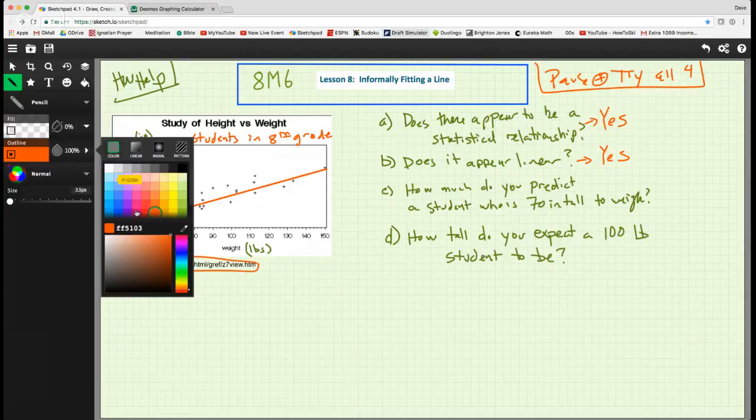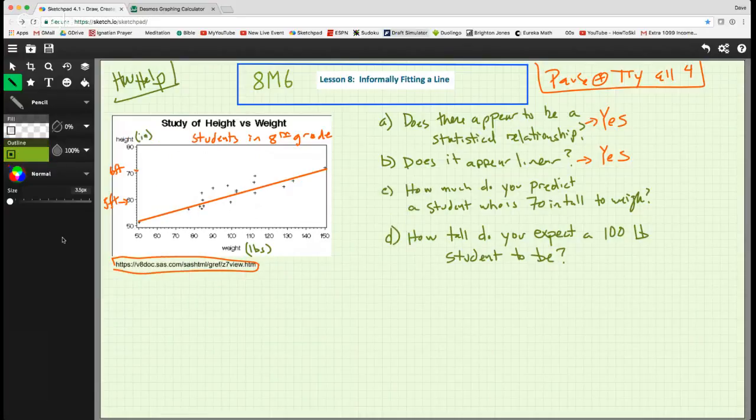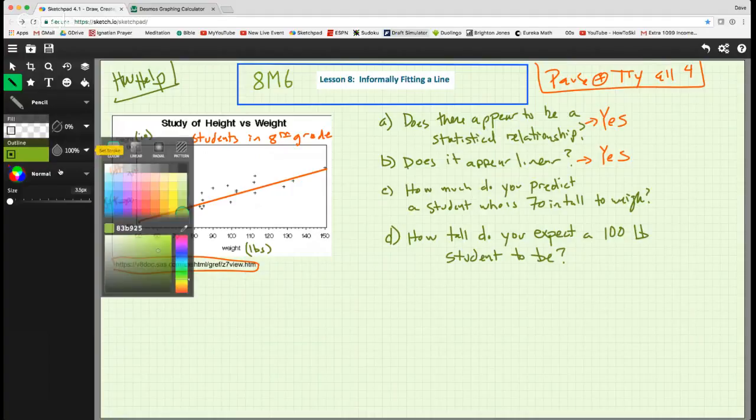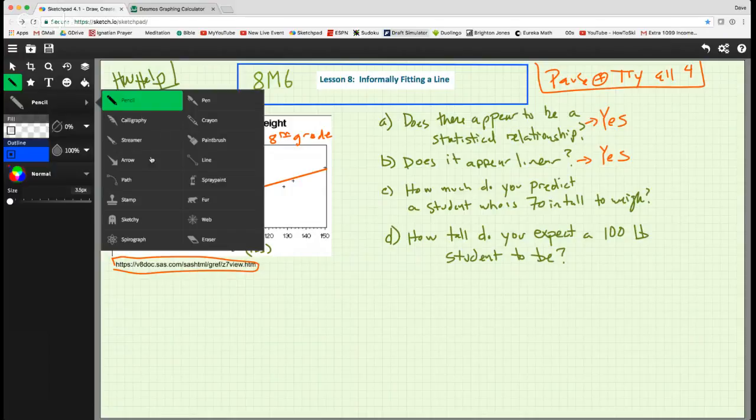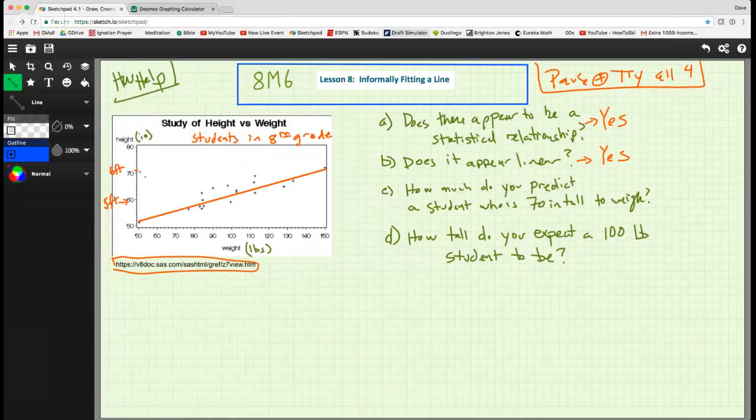Okay. Now let's answer some questions. Let's do it in blue. Okay. So how much do you predict a student who is 70 inches tall to weigh? So let's see, if we take 70 inches, I'm going to use a line tool here and go straight across.